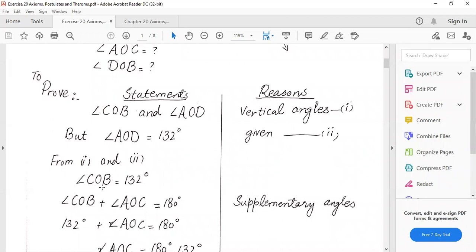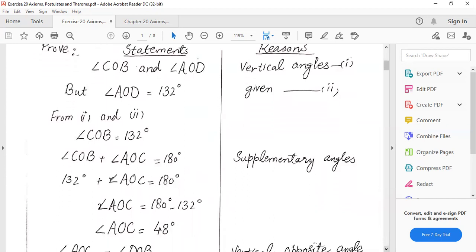Now we have to show the relationship of the third angle with the second one, AOC and COB, and the relationship is based on the straight line. That is why we are writing 180. The sum of angle COB and angle AOC is equal to 180 degrees. This is a supplementary angle. So this is our third reason.